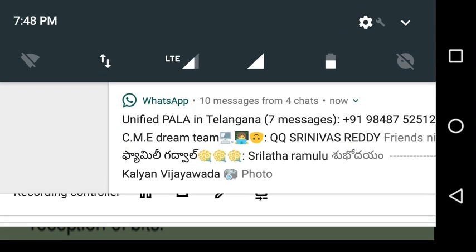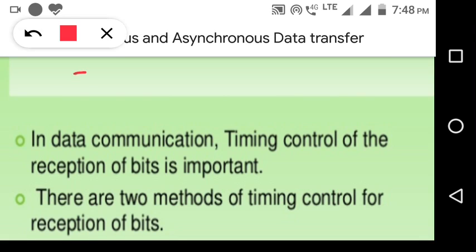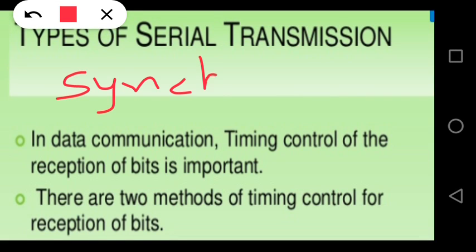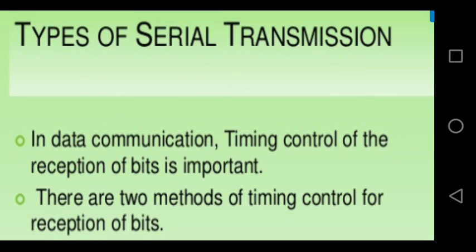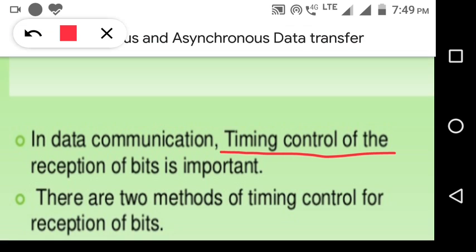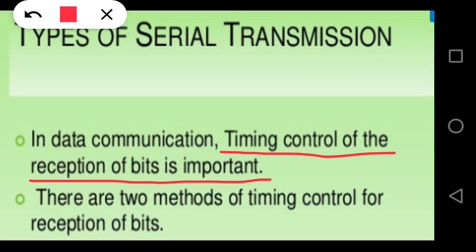One is synchronous transmission and another one is asynchronous data transmission. They differ in the timing control of the reception of bits, how you are receiving bits. Based on that, serial transmission can be categorized as synchronous and asynchronous.